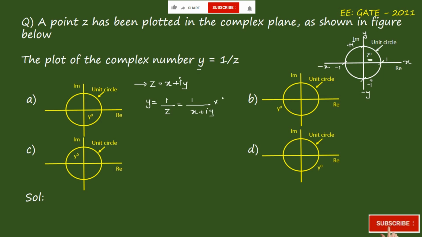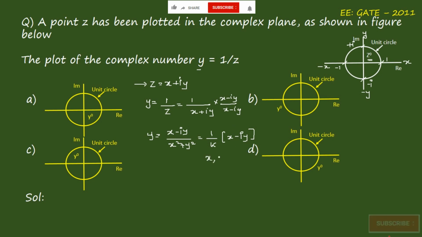When you multiply by (x - iy) by (x - iy), you get y = (x - iy) by (x square + y square). Consider x square + y square as a constant k. So it is 1 by k into (x - iy). When you plot it on a graph, it will be on the x-axis and the minus y-axis, so it will come in the fourth quadrant: minus y and x.